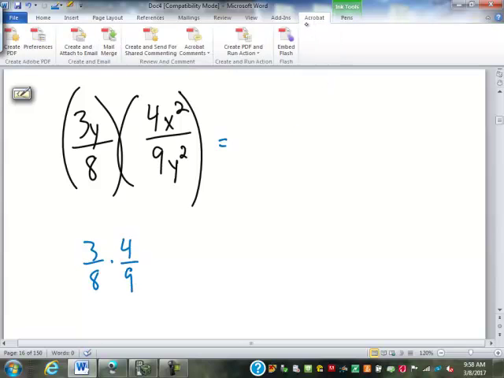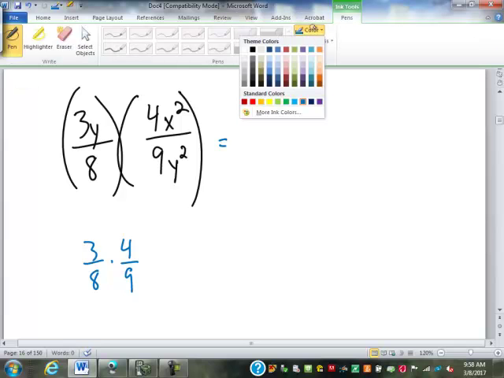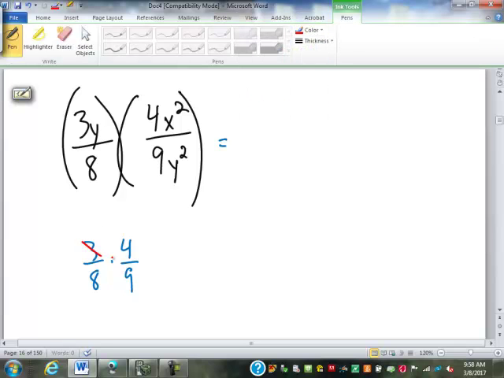What can I cross cancel here? 3 and 9 both divide by 3, which will give me 1 and 3. 8 and 4 both divide by 4 to give me 1 and 2. So 1 times 1 is 1. 2 times 3 is 6. So in my answer, the numerical part is going to be 1 over 6.